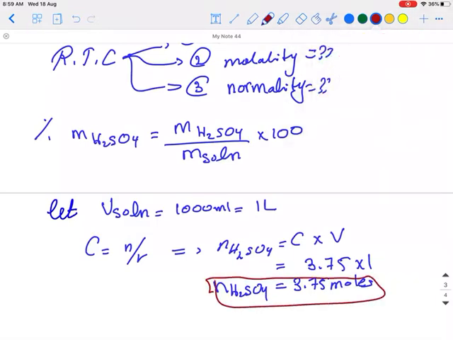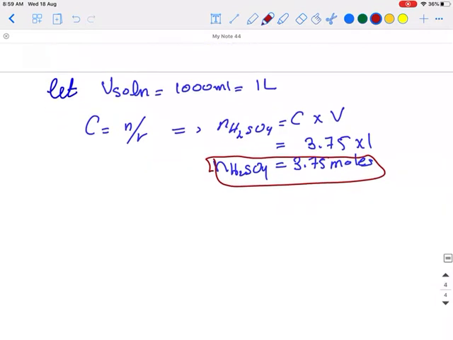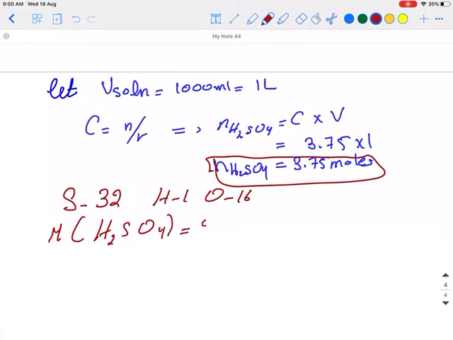From the moles, we will be able to find the mass. You know how to calculate the molar mass. Quickly, from the periodic table, sulfur has atomic mass 32, hydrogen is 1, oxygen 16. So the molar mass of sulfuric acid is 2 times 1 plus 32 plus 4 times 16, which sums up to 98 gram per mole.